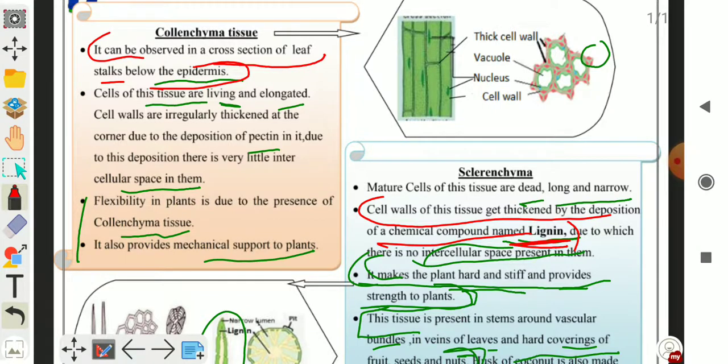And what is its function? It provides flexibility to the plants and also provides mechanical support to the plants. These two are the functions of collenchyma.